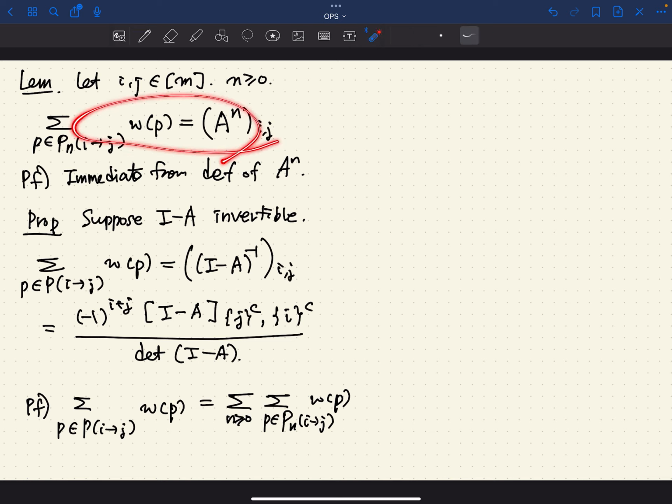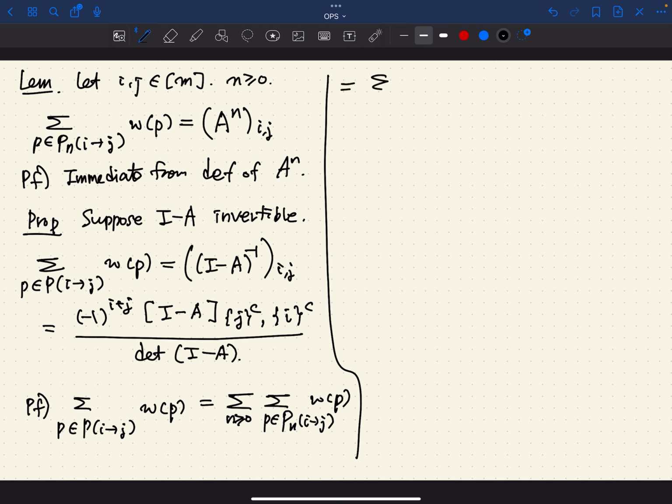But we know from this lemma that this is equal to the generating function for all n of the ij entry of A^n. So we have infinitely many matrices, and then we look at the ij entry and add them all.